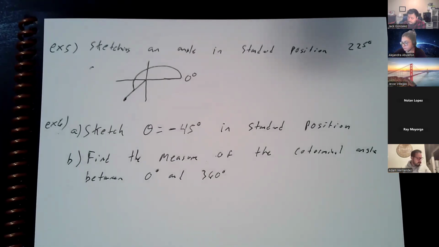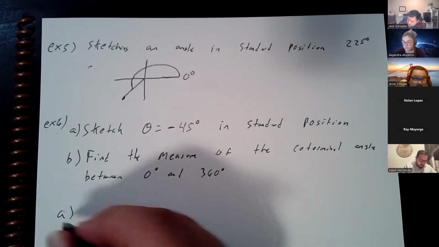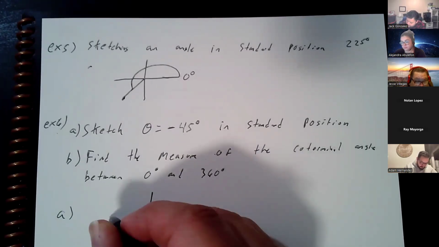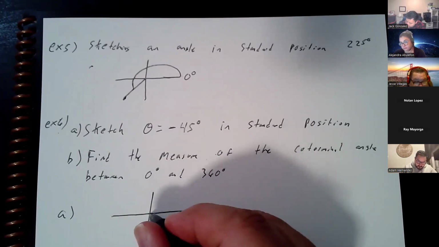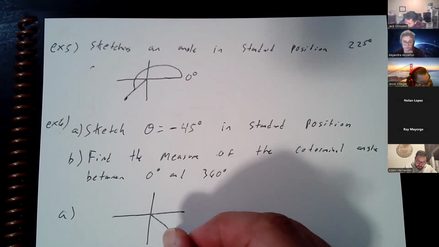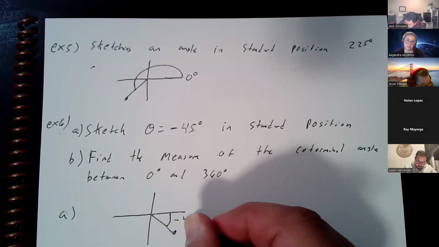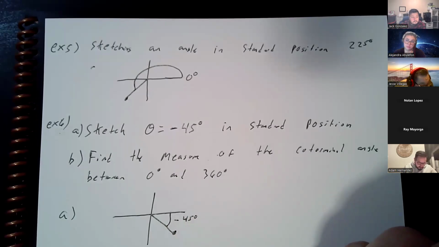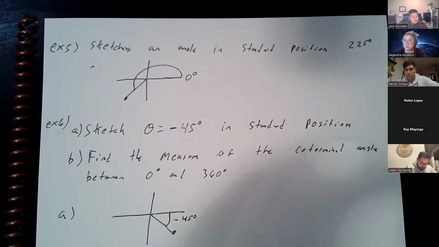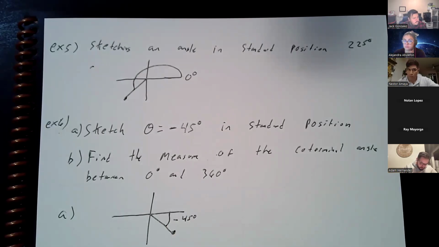Okay. So part A, you should know that it's right here, right? Negative 45 degrees. So you said the positive way is standard. Is there another word for the opposite way? Yeah, let me see here.